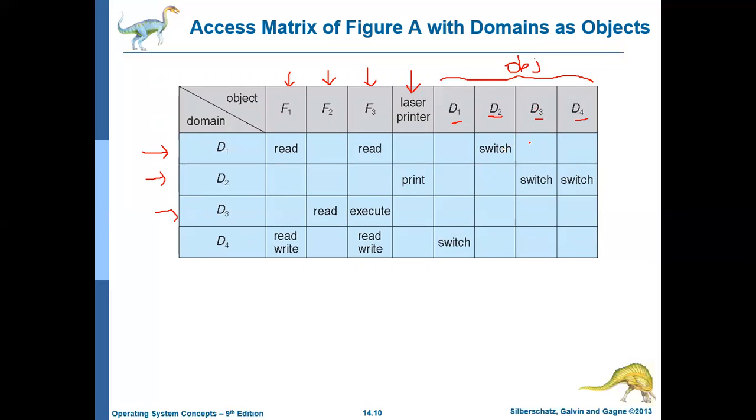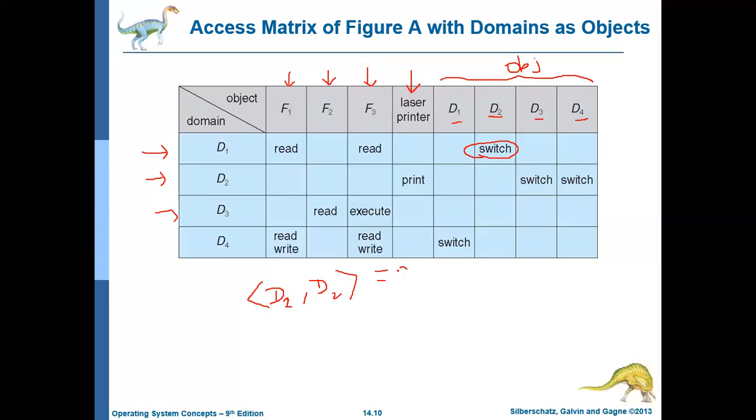So what does it mean here? Here we are introducing a new privilege which is called a switch. So here you can see that with respect to domains D1 and D2, the switch privilege is enabled. That is, from the domain D1 to D2, the switch privilege is enabled.